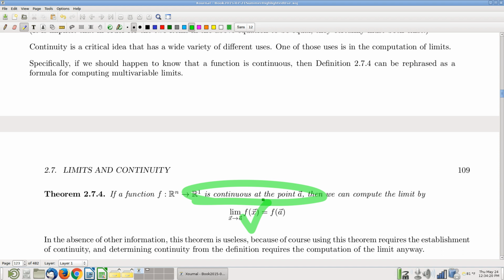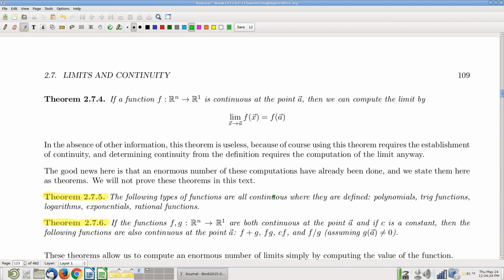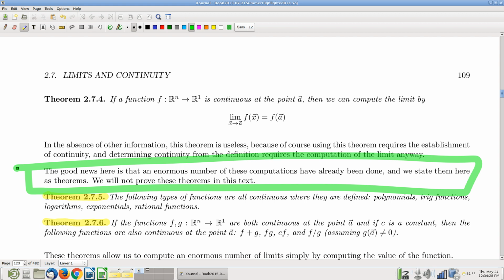Okay. It would be pointless, except for the fact that previous mathematicians have already proved that a very large category of functions are all known to be continuous, and you don't have to reproduce those proofs.